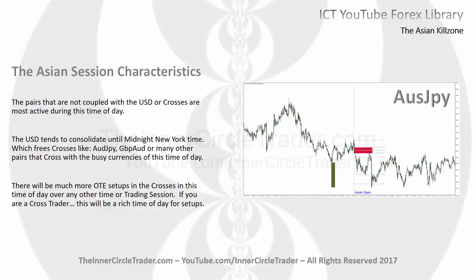In other words, like a euro Aussie, a pound Swissy, something like that, where you have a lot more volatility because of the cross nature of the pair, and it's not being held back or limited by way of the dollar index.